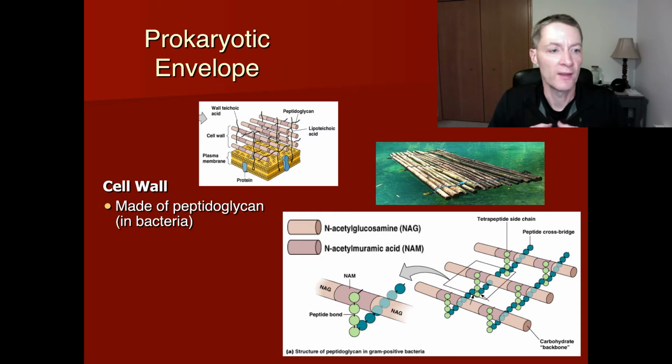Generally, we would say that the cell walls of prokaryotes are made of peptidoglycan, and the word tells you a little something, right? Peptido is something to do with peptides, okay? So a peptide is a small protein, a linkage of amino acids together.